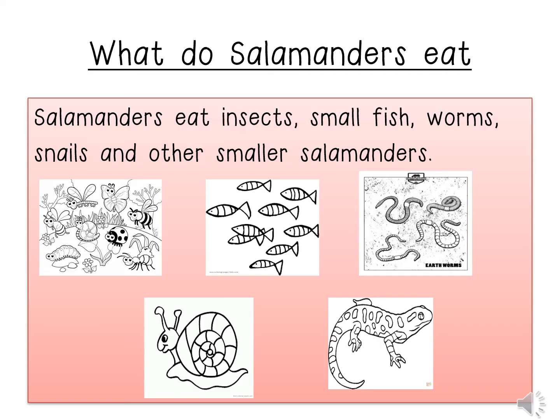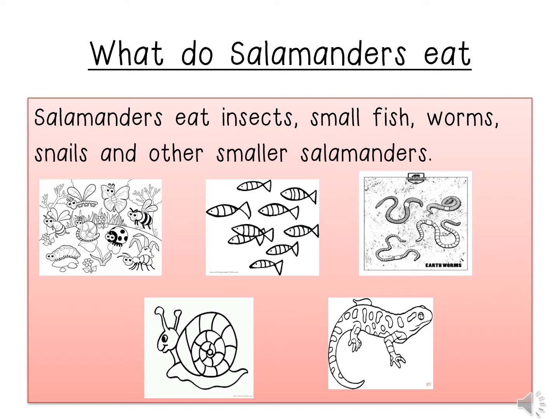What do salamanders eat? Do you remember what they eat? Yes, salamanders eat insects, small fish, worms, snails, and other smaller salamanders. There are pictures at the bottom. Let us go through them.